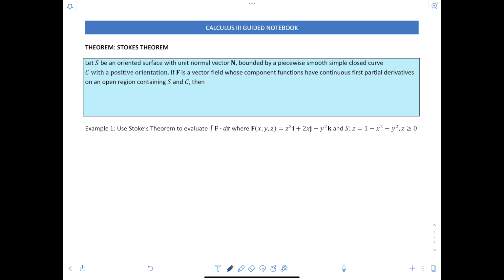All right, so Stokes' theorem basically says you've got S, an oriented surface with unit normal vector n, bounded by some piecewise smooth simple closed curve C with a positive orientation.